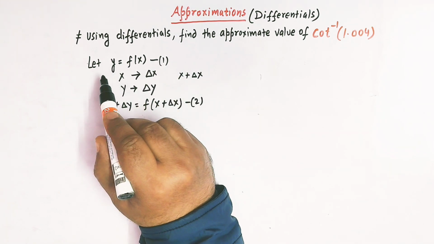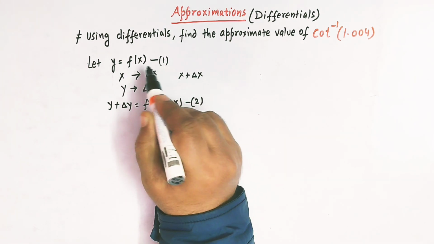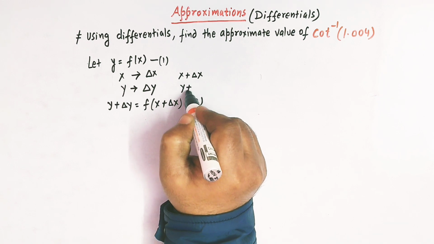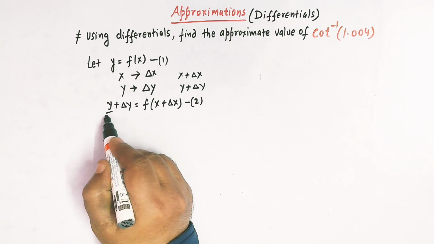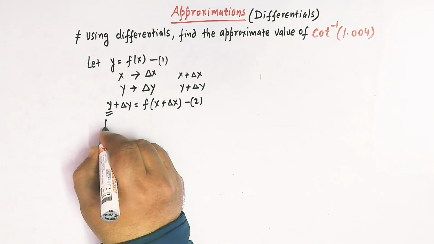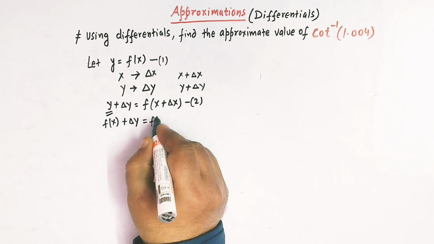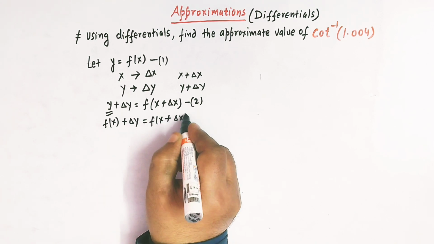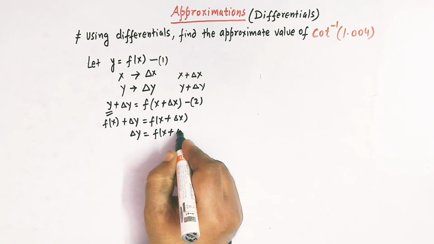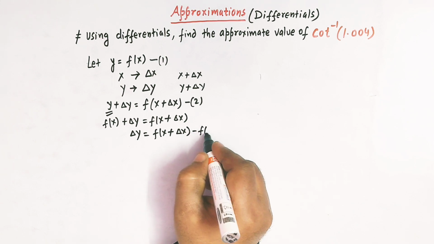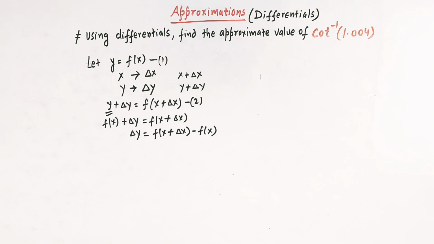And the corresponding change in the value of y is delta y, so that the new value of y becomes y plus delta y, right? Okay, now let us replace this y by f of x. So we have f of x plus delta y is equal to f of x plus delta x. So delta y is now equal to f of x plus delta x minus f of x, taking this f of x to the right hand side.